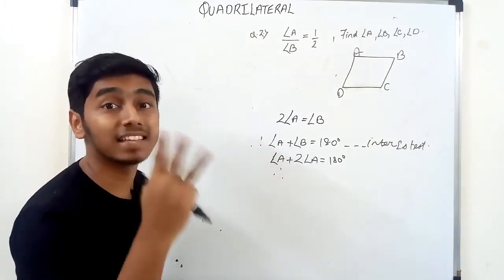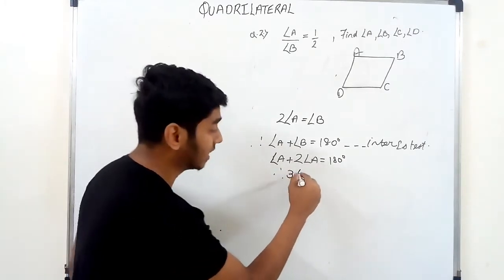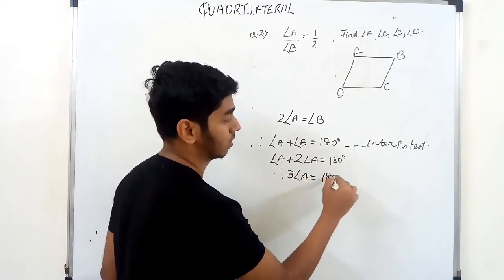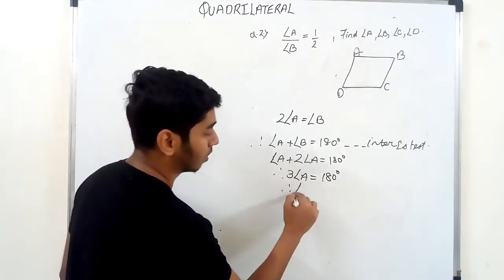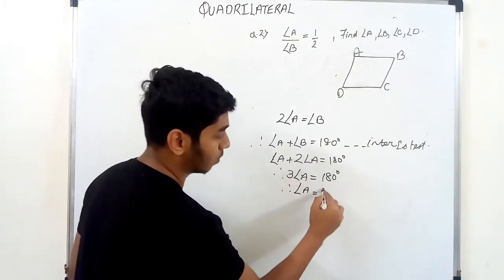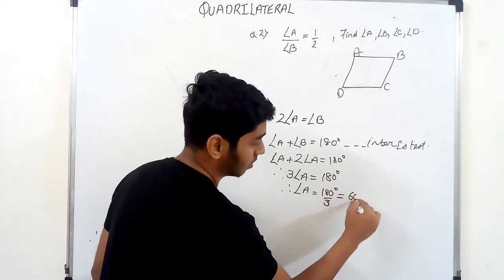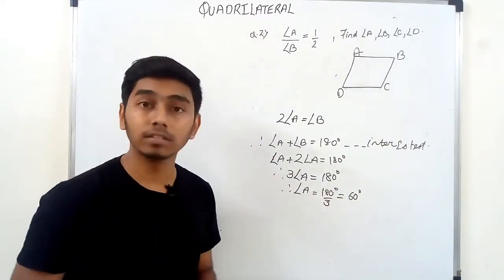That will give us 3 apples. So this will give you 3 times angle A, which is equal to 180 degrees. Therefore angle A is equal to 180 upon 3, which is equal to 60. I hope you have understood this.